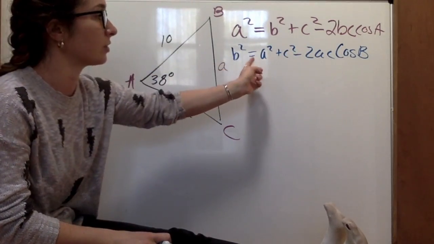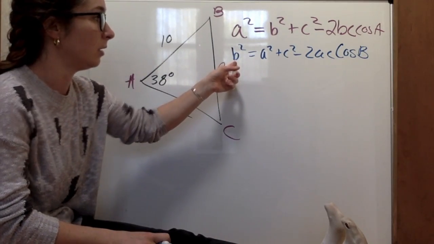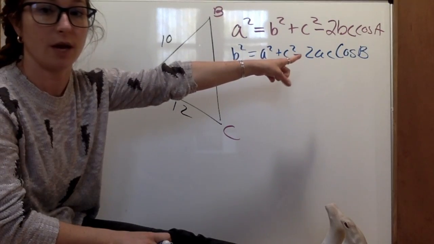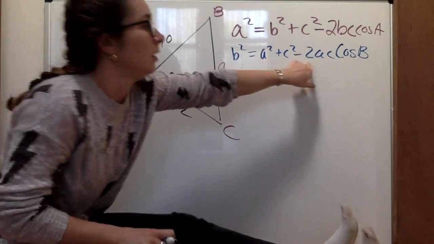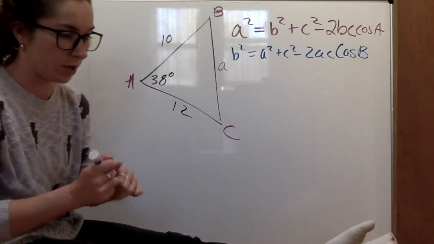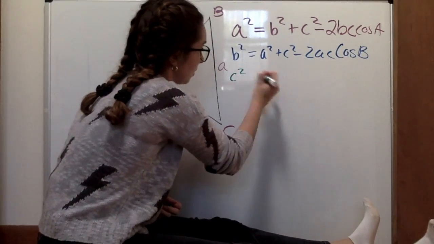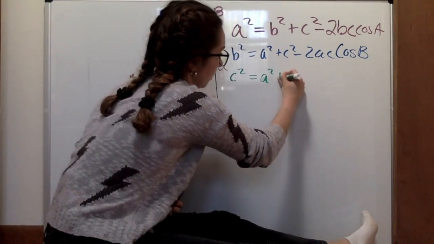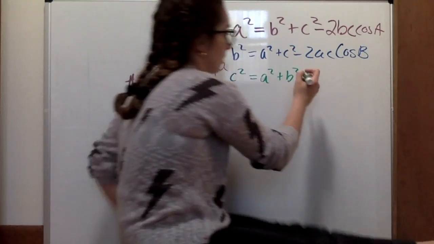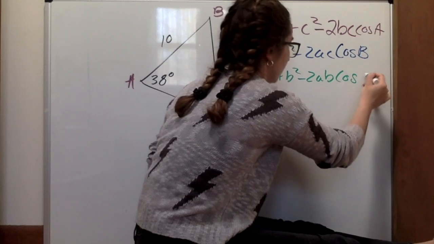And then all the other things are going to be everything else. So if I'm solving for b, it's only going to be in the cosine of that angle, and then all the other stuff will be the side lengths that in theory you know. And then the third one is obviously side length c squared equals a squared plus b squared minus 2ab times cosine of C.